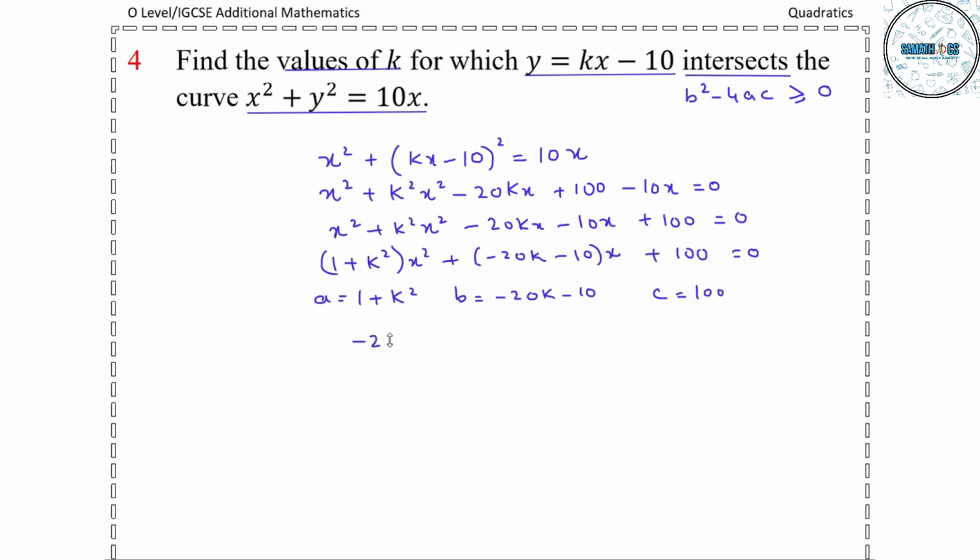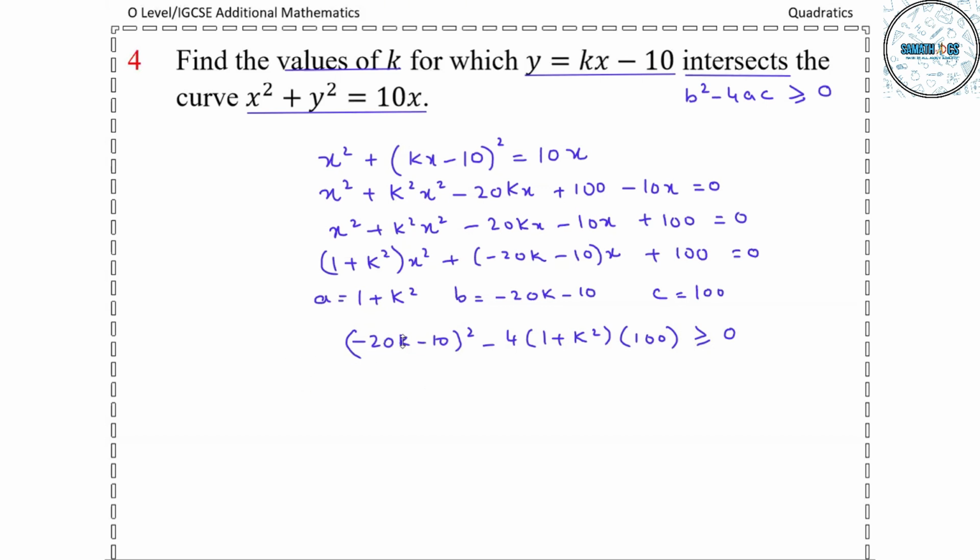So (minus 20k minus 10) whole square minus 4 into a, which is 1 plus k square, into 100 is greater than or equal to 0. We'll expand this using the identity. As both the signs are negative, all the signs in the expansion will be positive.